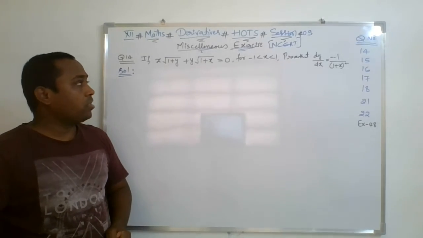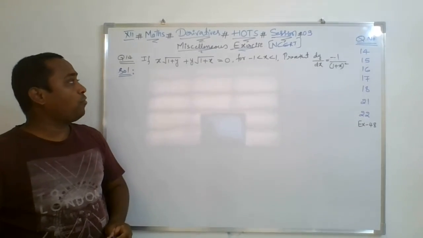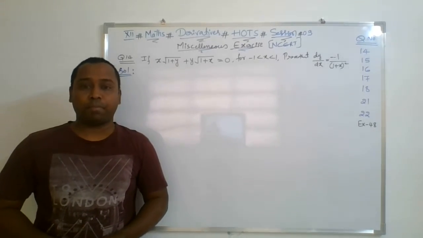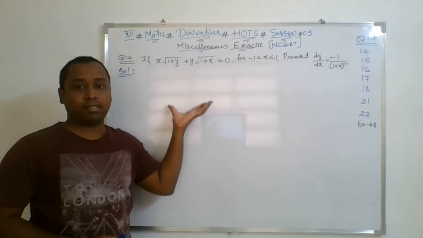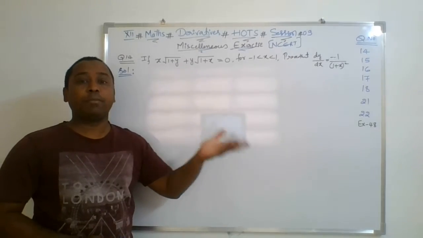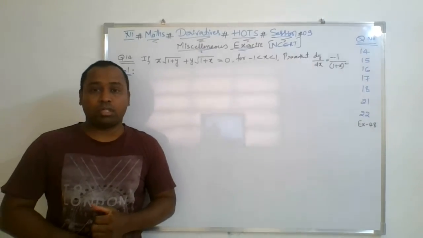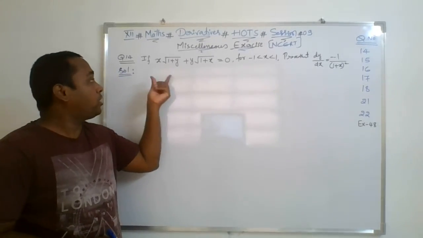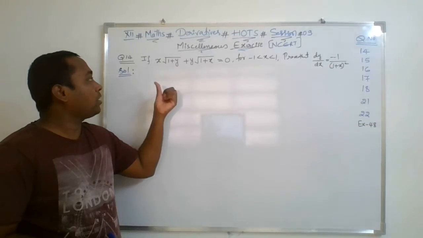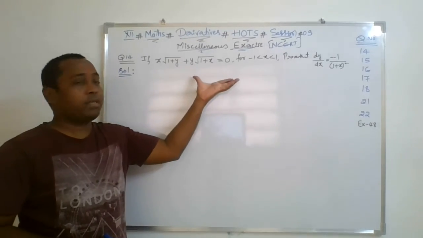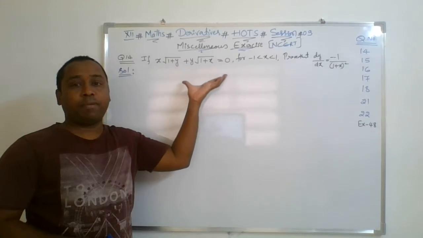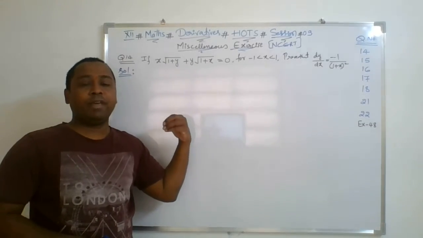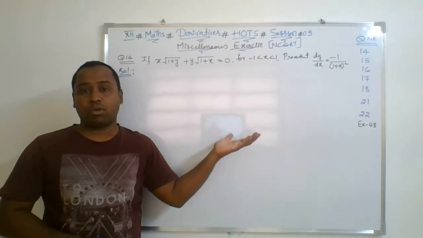The first and most important thing, before you start the derivative, is to go with a simple simplification to make it a simple function. Then you will be able to solve the question very smartly. Here it looks like y cannot be expressed in terms of x, but when you solve this question you will be able to express y in terms of x.